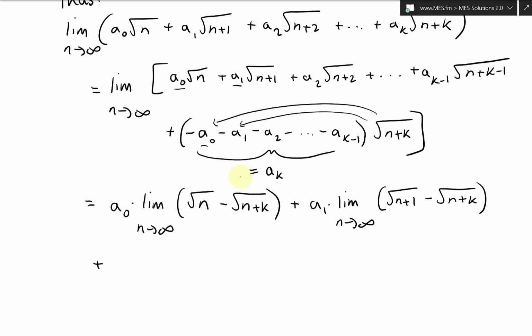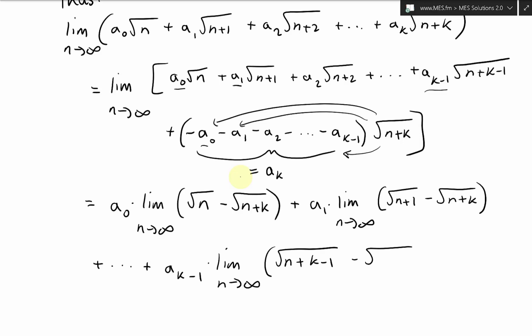Plus dot dot dot, plus the last one, where we factor this out. So this is going to equal a(k minus 1) times the limit as n approaches infinity of square root n plus k minus 1 minus square root n plus k.